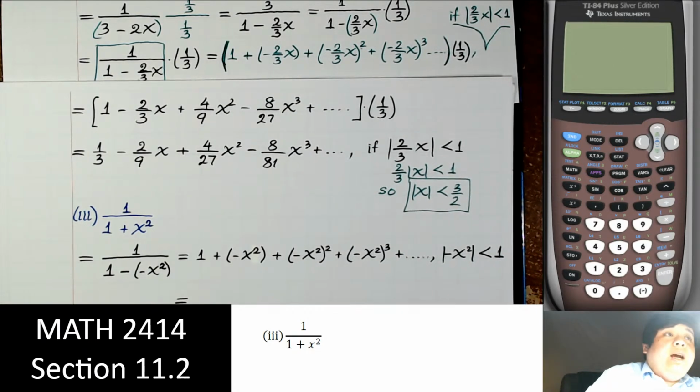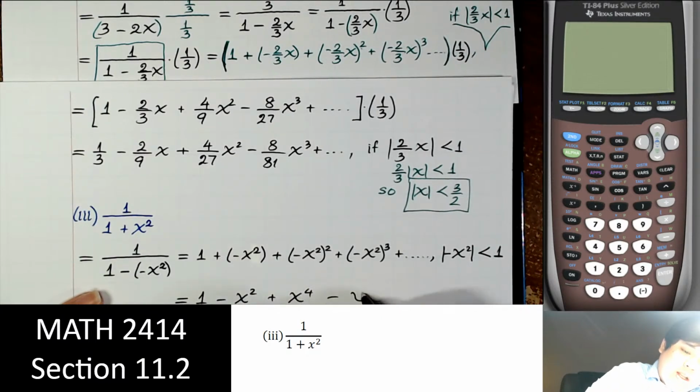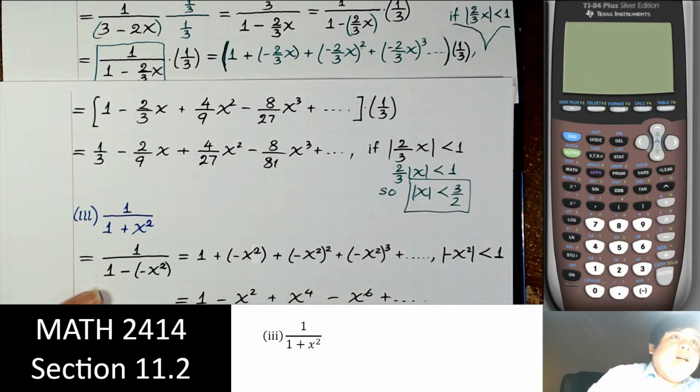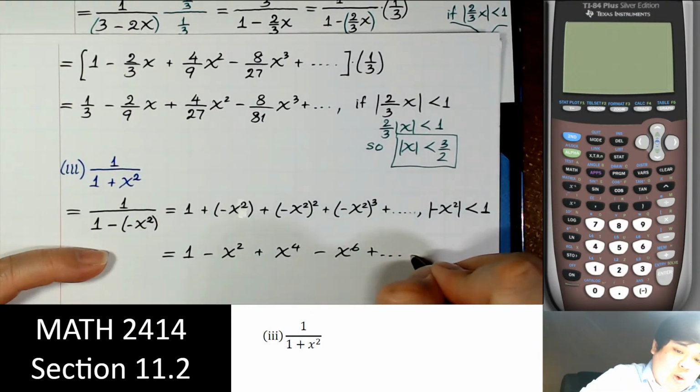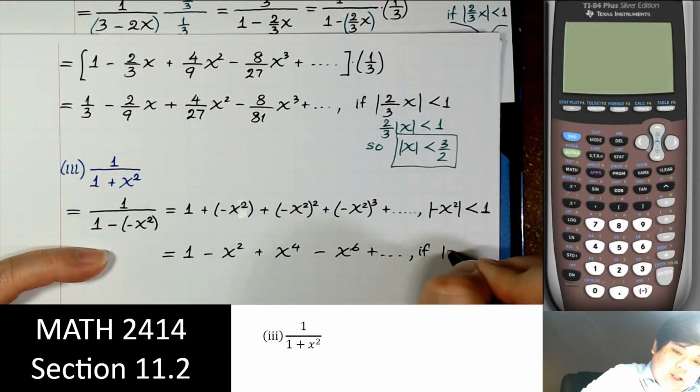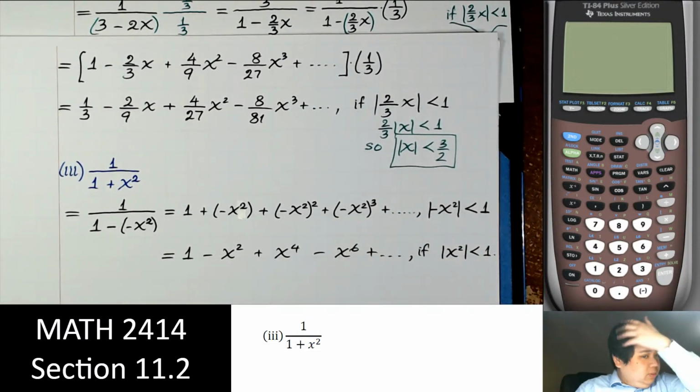Right, I'll just do it. 1 minus x squared plus x to the 4th minus x to the 6th. So that is the power series, and this is only if x squared less than 1. So meaning x is between -1 and 1.